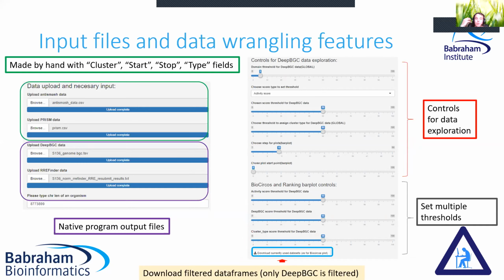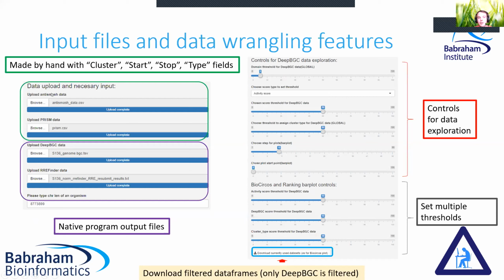The result of this project is a Shiny application, which for now integrates 4 inputs from 4 tools. This is anti-smash, Prism, DBGC, which uses deep learning for annotating biosynthetic gene clusters, and RRE Finder, which annotates RiPPs, so actually peptides.